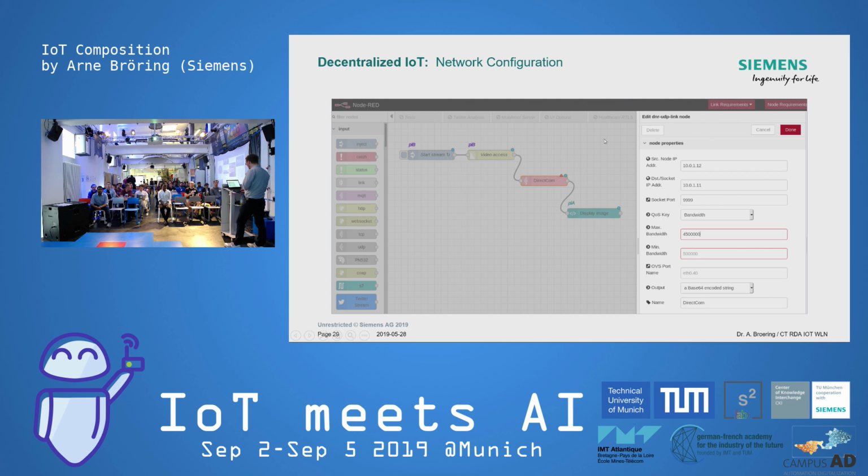We can also now specify the network constraints. For example, a maximum bandwidth can be defined here. If you have multiple such traffic flows in the network, you want to specify for each traffic flow how much network bandwidth it should consume.